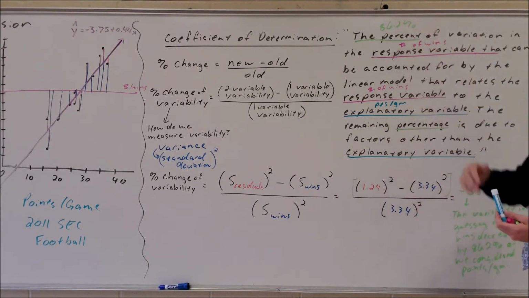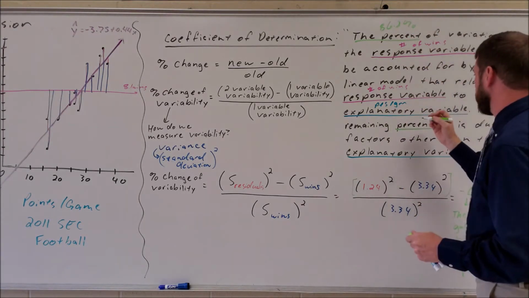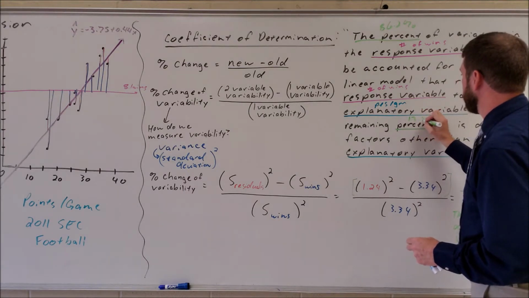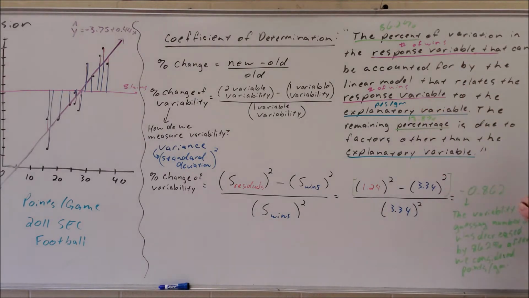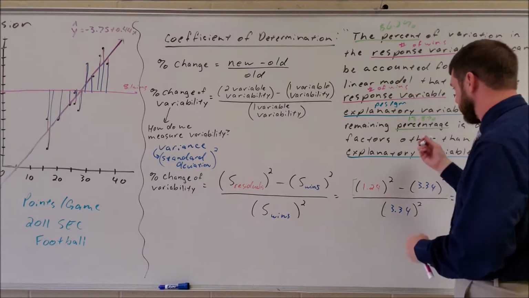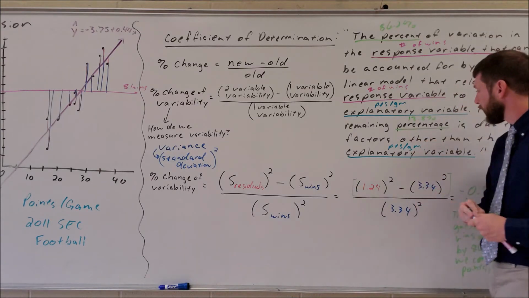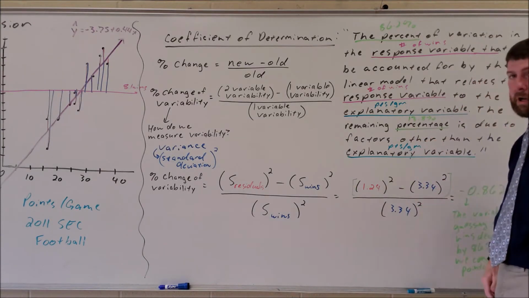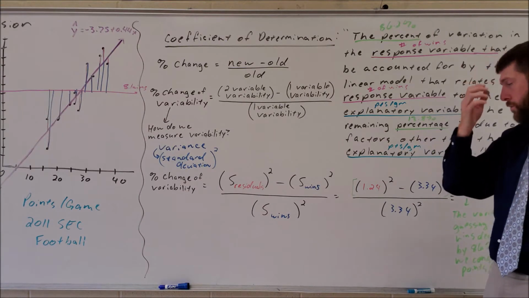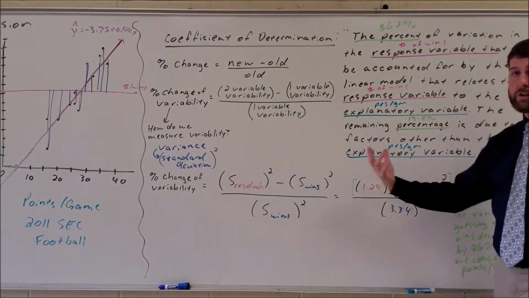Now the remaining 14% or so, the remaining 13.8% of variation has got to be due to factors other than the explanatory variable, other than the points per game. So that could be things like the weather conditions each game. Maybe if we knew that, we could become more accurate in our predictions. Maybe it was number of injuries per game.